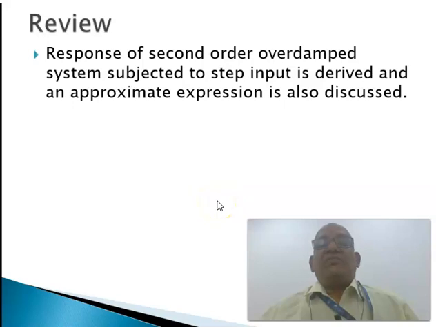Over the past few videos we have been looking at transient response and steady state response of first order and second order systems. In the past video we saw the response of a second order overdamped system subjected to a unit step input, and we also saw that it is possible to approximate that response by truncating some terms.